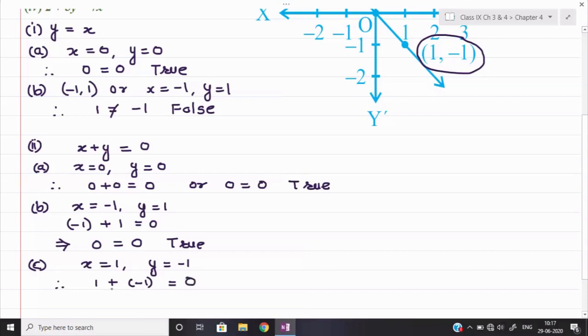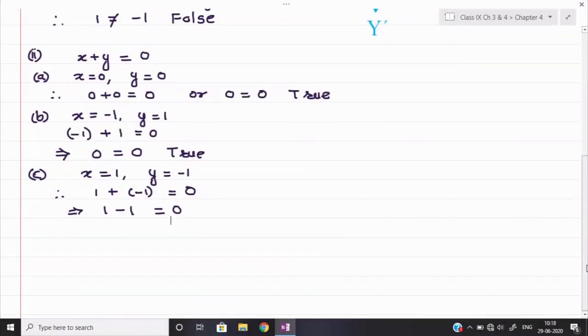Now plus into minus is minus, so it becomes 1 minus 1 is equal to 0. Again you see 1 and minus 1 will be cancelling each other. What will remain here? It will remain 0. So 0 is equal to 0. So yes, it is also true.